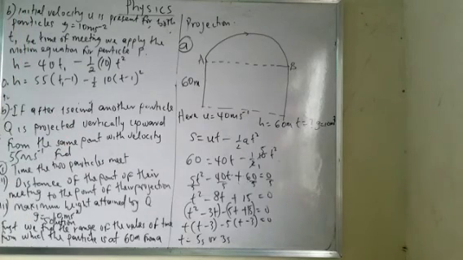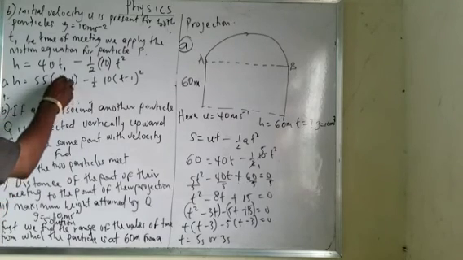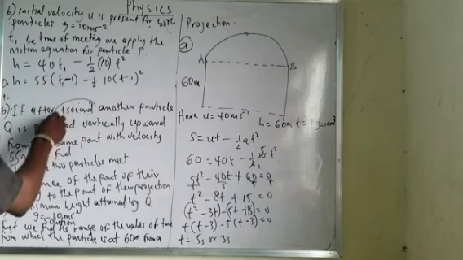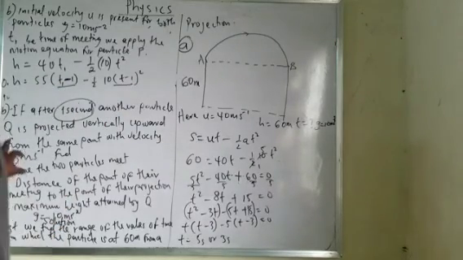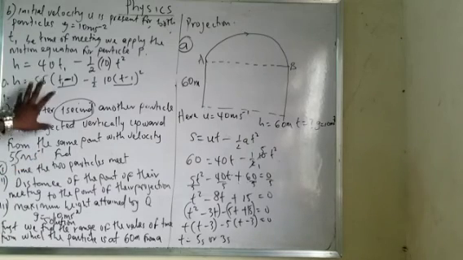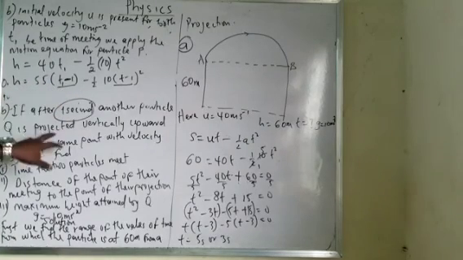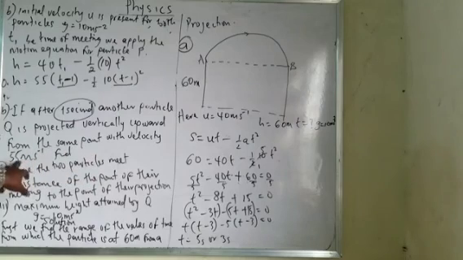Those are the two things that will be coming up. We're talking about after 1 second, another particle Q, which is the second particle, with velocity 55 meters per second.